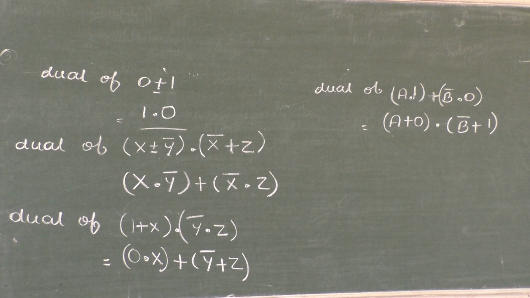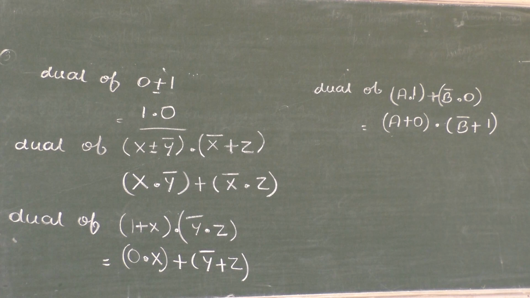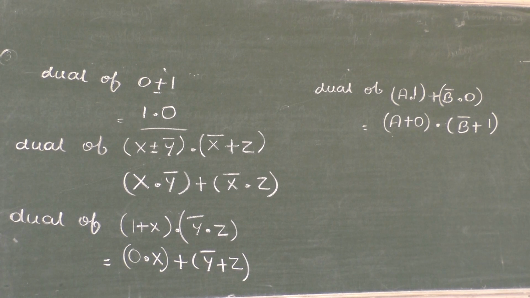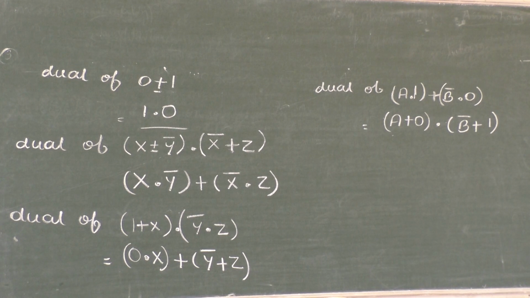So principle of duality states that starting with the Boolean relation, using one Boolean relation, we can derive another Boolean relation by changing each AND sign to OR sign, that is dot to plus, and OR sign to AND, plus to dot. Next, changing each 0 by 1 and 1 by 0.